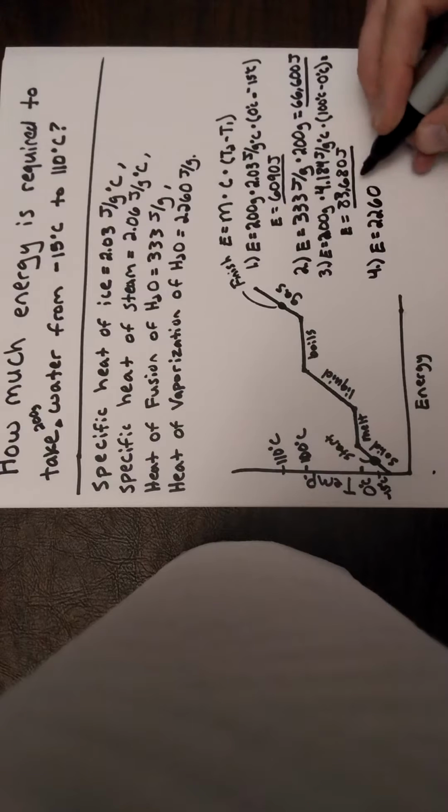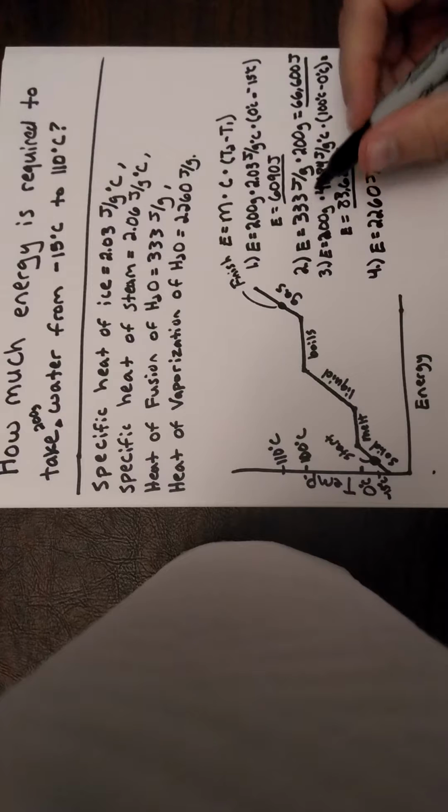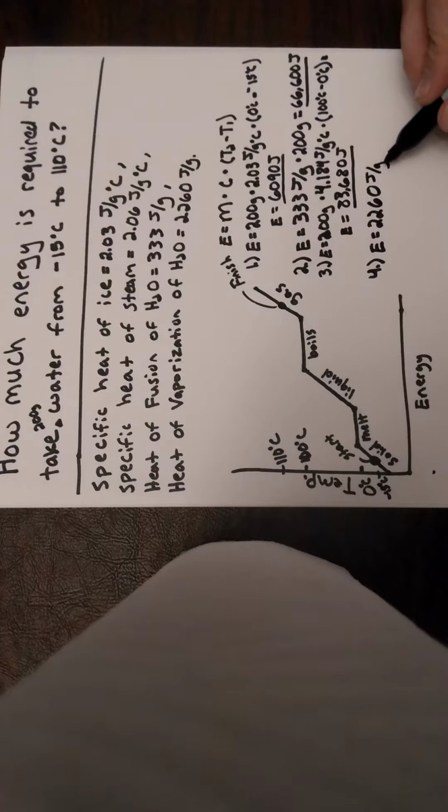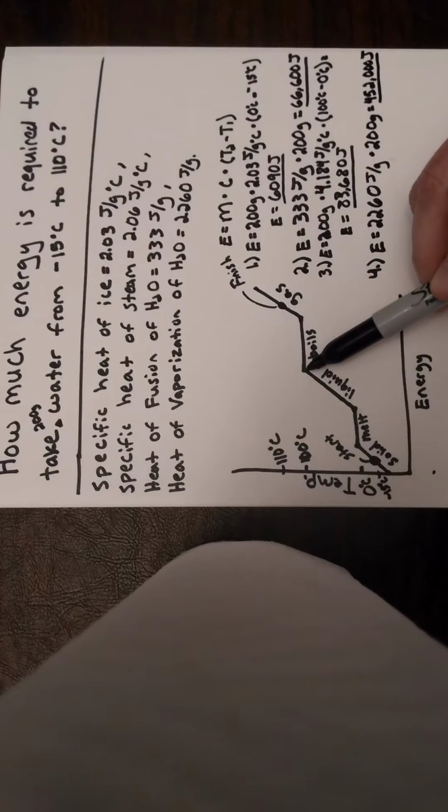Note it takes a lot more energy to vaporize than it does to melt something. And again, it's joules divided by grams, so we multiply by our grams, our mass, to make those cancel and get just joules. So 200 times 2260 gets us 452,000 joules. That's the energy to get from liquid water at 100 degrees Celsius to gaseous water at 100 degrees Celsius.